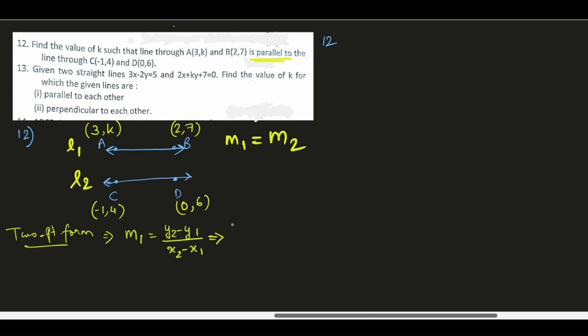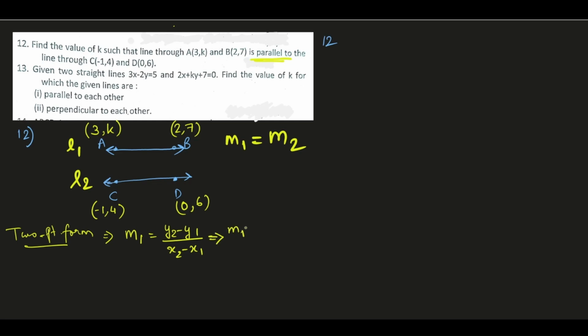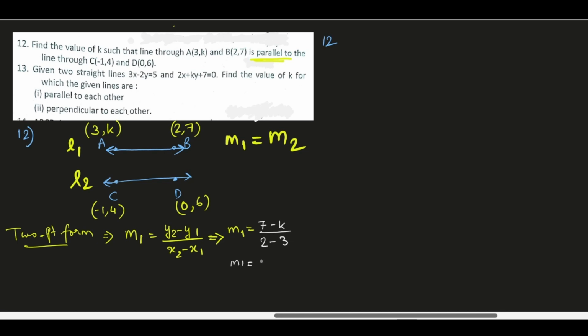So we'll substitute in the formula. m1 is equal to y2, which is 7, minus y1, which is k, divided by x2, which is 2, minus 3. So m1 is equal to 7 minus k divided by -1.